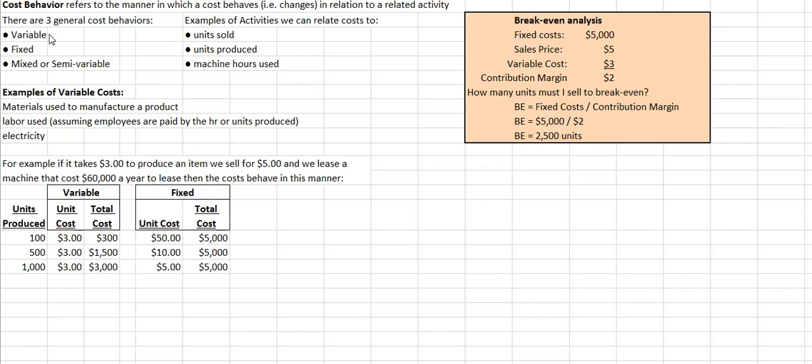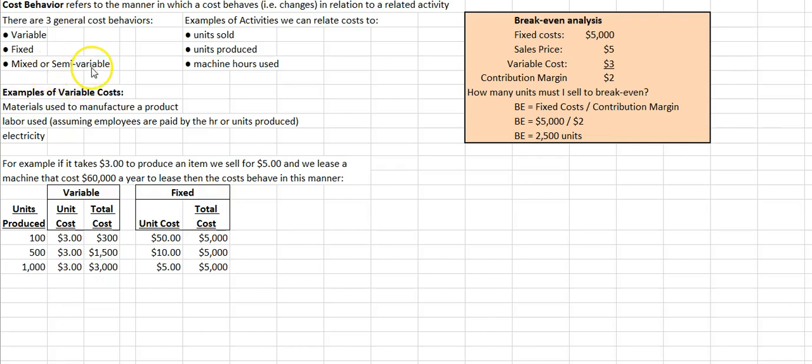If I sell 10,000 units, I'll probably recognize twice as much, right? Because I have sold two times the units. So these variable costs will go up proportionately to the activity. In this example that I just finished giving you, it is units sold. Okay? So here we go.